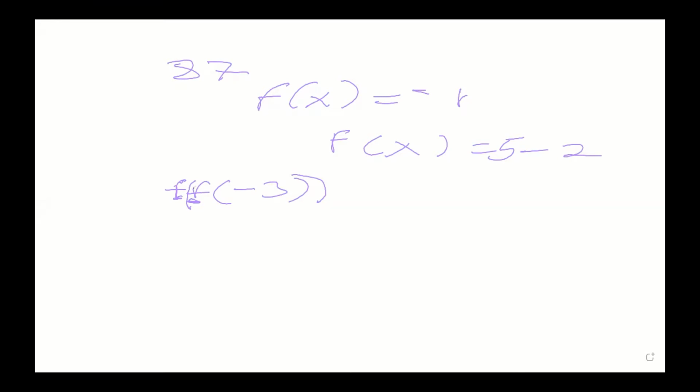Therefore, we shall first find f circling f of x, for us to simplify this -3, because not everyone will be able to get this -3 at the start. First, work out f circling f of x.